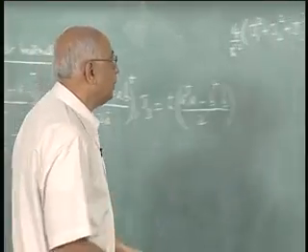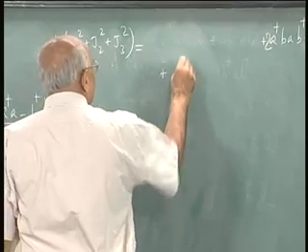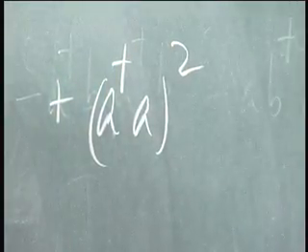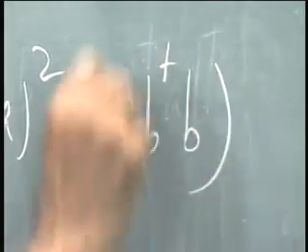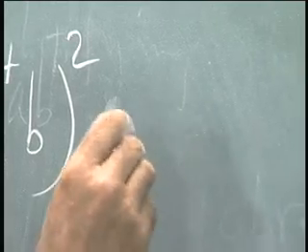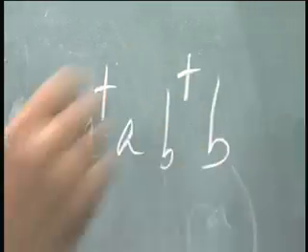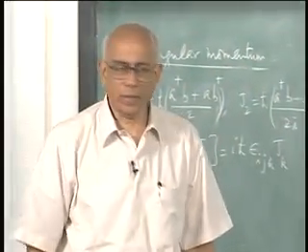I hope I am not making mistakes, because if I am then we are going to get plus A dagger A squared, we can with impunity write it in this fashion, plus B dagger B squared minus twice A dagger A, B dagger B, because A's and B's commute with each other, so I just write it in that fashion.